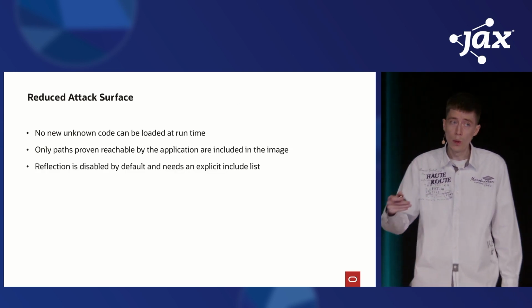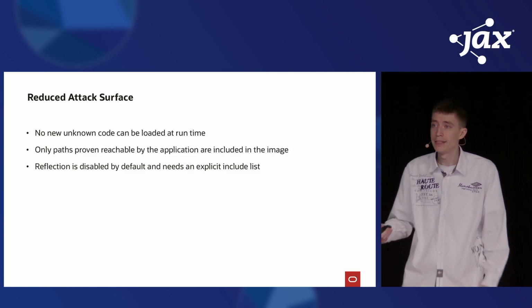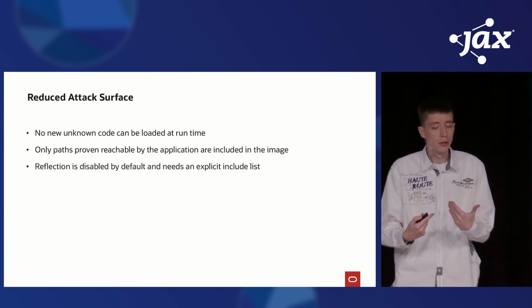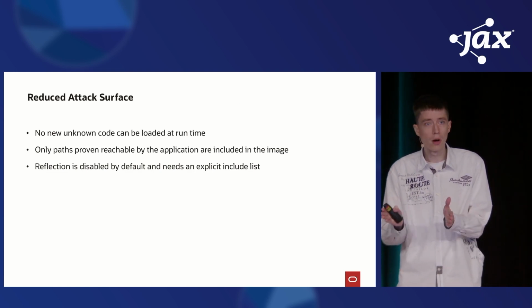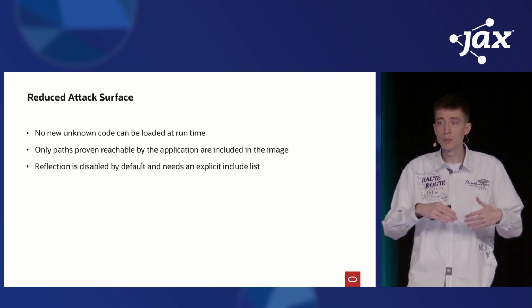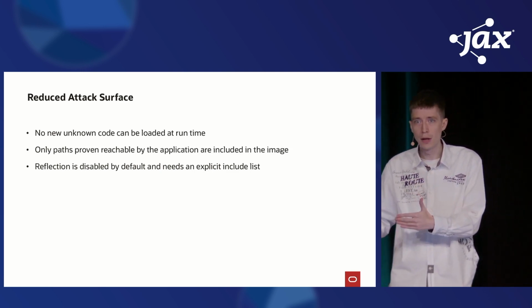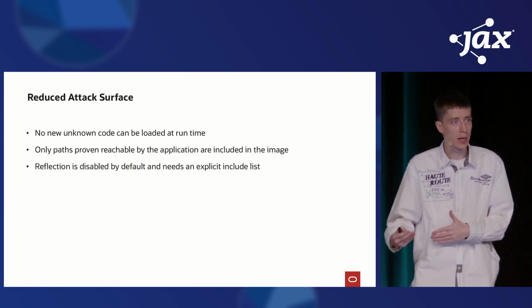Then, in our ahead of time compile mode, reflection is disabled by default, and it needs an explicit include list. So a certain reflection path that an attacker might be able to use could be prohibited because only the reflection paths that you specify are allowed in the ahead of time compiled image.